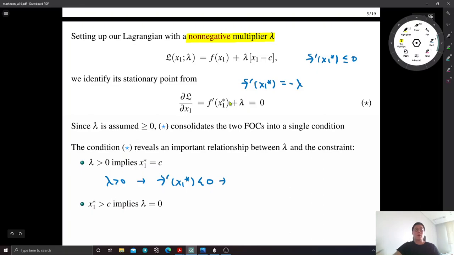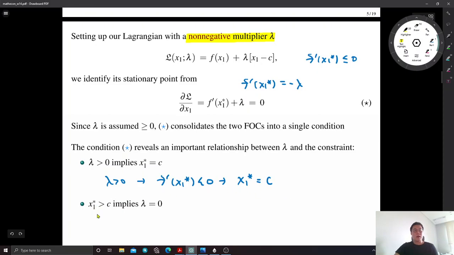But when you have the optimality condition at this solution, a negative derivative at the solution means we have a boundary solution. So the solution must occur at the boundary.